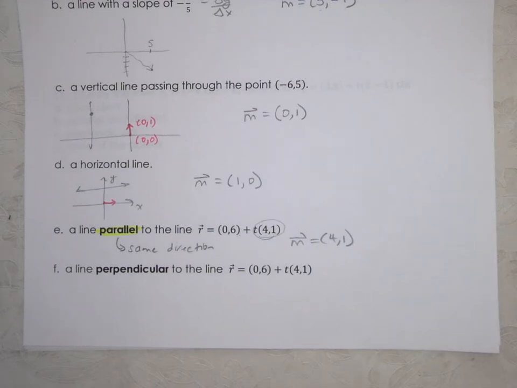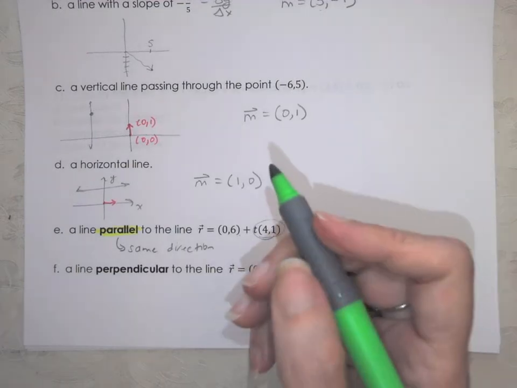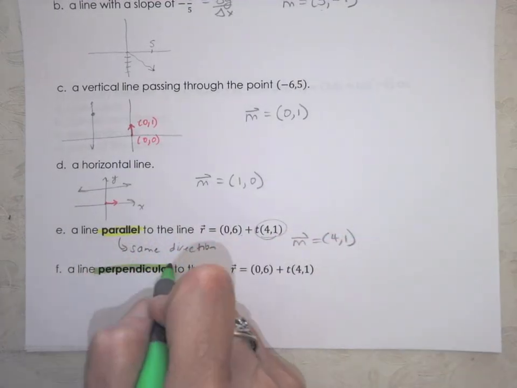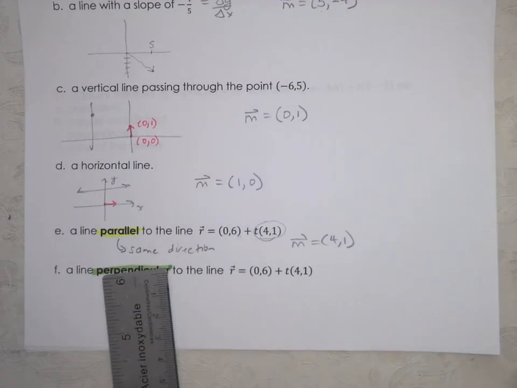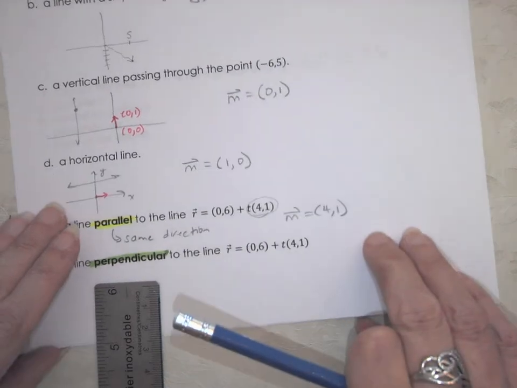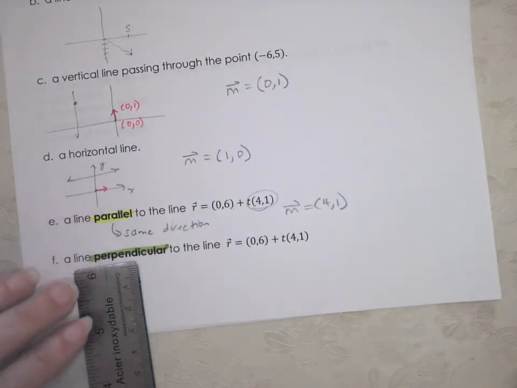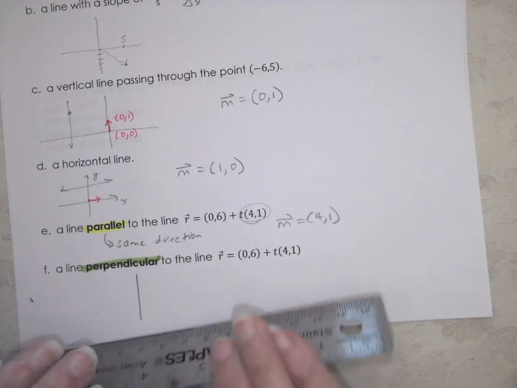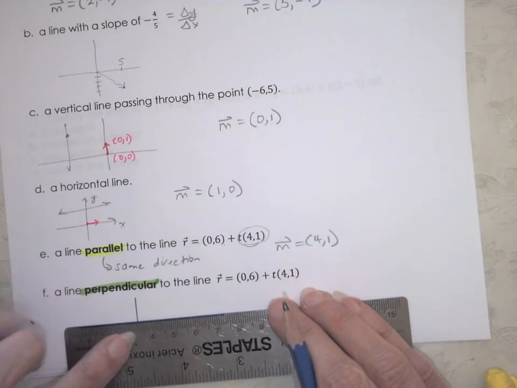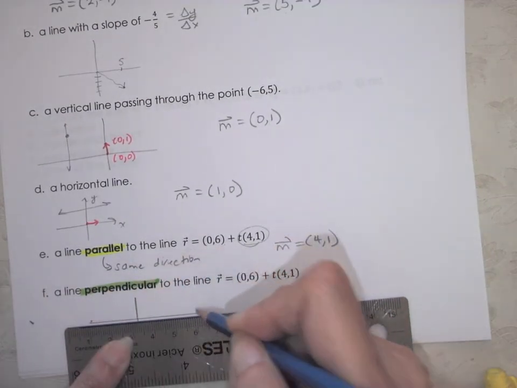Perpendicular to the line, another very important concept in this unit. So perpendicular to the line. So we know from grade 9 that if we knew the slope, the perpendicular was the negative reciprocal. So similar idea here.